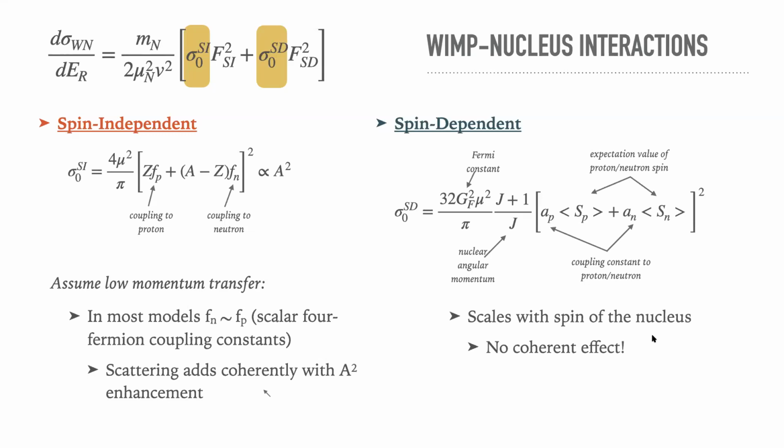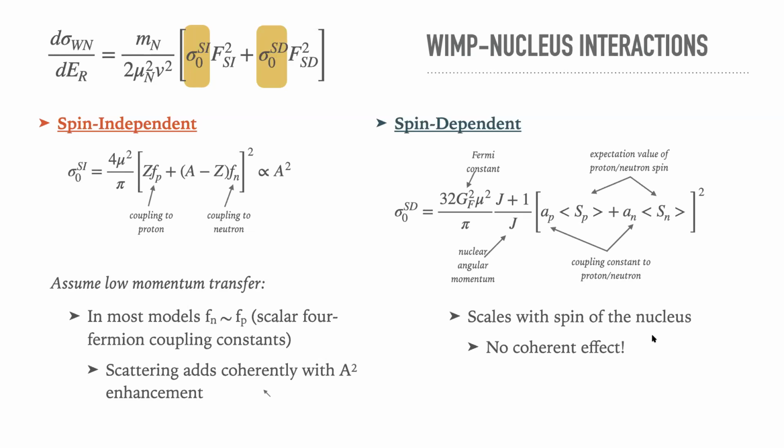So in this case, what you can see is that your scattering cross section is scaling with the spin of the nucleus, and you don't have a coherent effect. Here you had a coherent effect because in most of the models, these factors f sub n and f sub p are similar. But here, that's not necessarily the case.